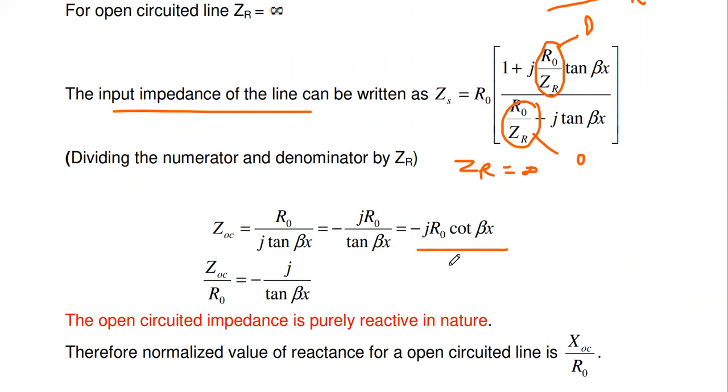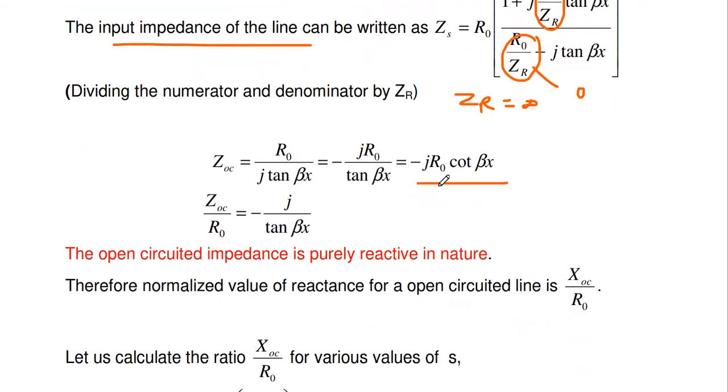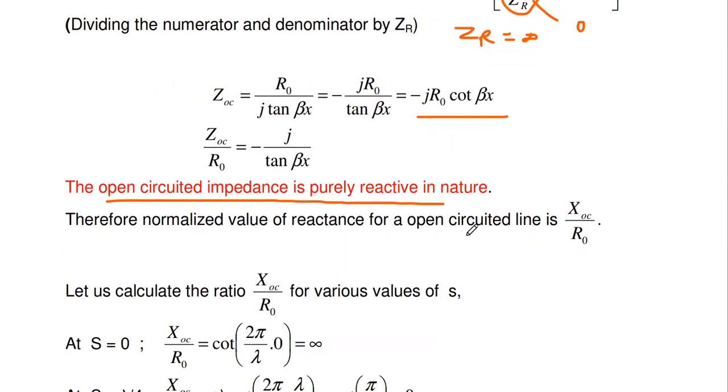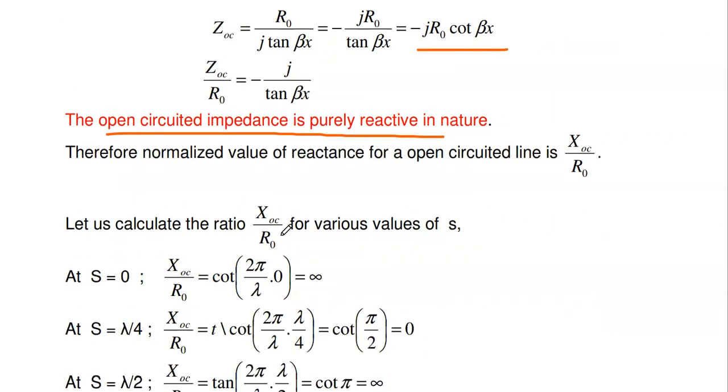This is the open circuited input impedance. From this equation also, we can say that the open circuited impedance is purely reactive in nature. You see this equation consists of a purely imaginary part, so that's why this is reactive in nature. With respect to frequency, this reactance value will vary. So we are going to draw the graph for the reactance of the open circuited line versus different distances, similar to the short circuited impedance.